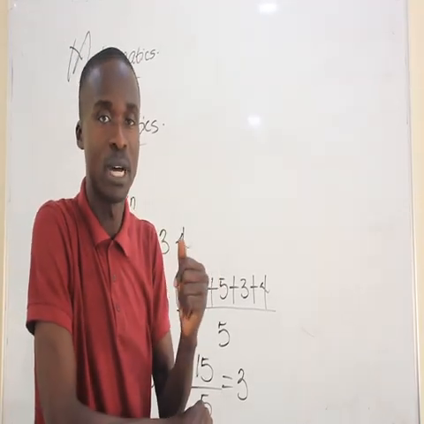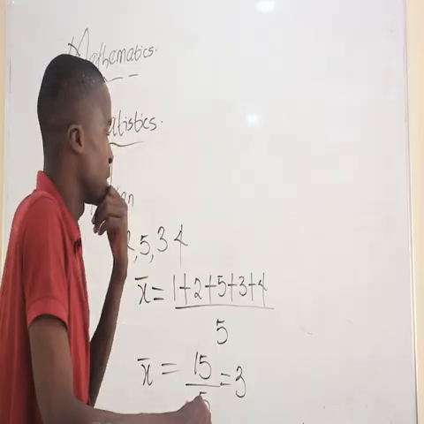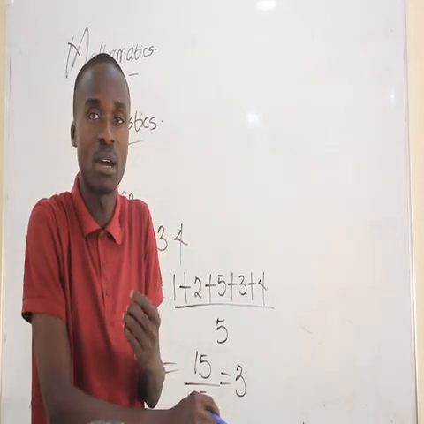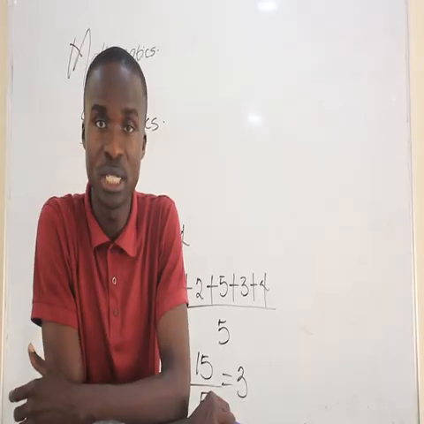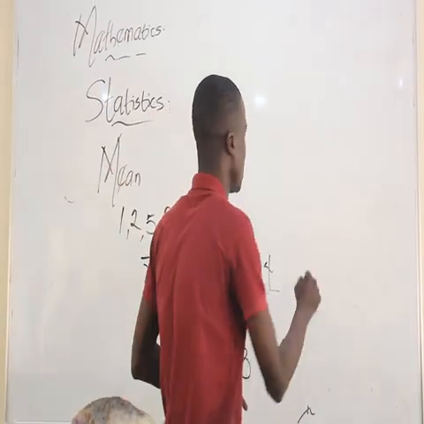You sum all the values. That's in raw data. Now in grouped data, if your question is presented mostly in tabular form, or if you are to present your results in tabular form, you have to use this formula.